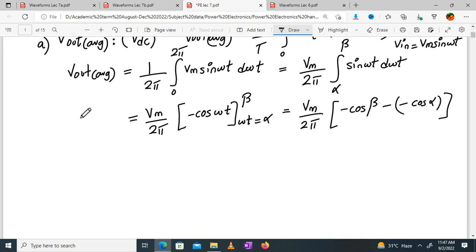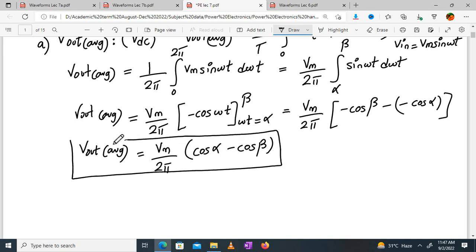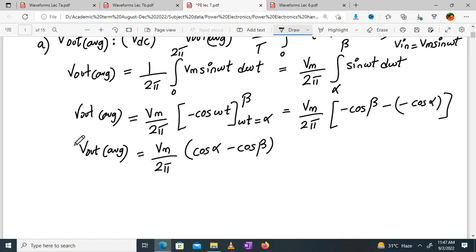Is that correct? So your V out average, the final formula will be Vm upon 2 pi into cos alpha minus cos beta. So this is the expression of V out average.